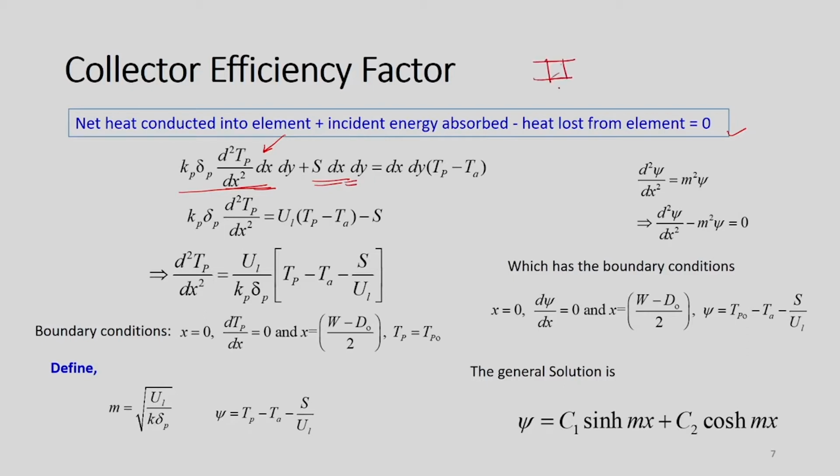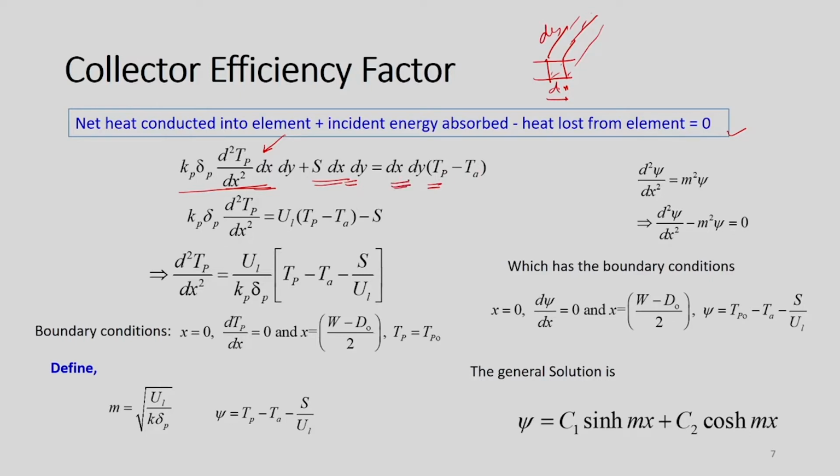Okay. So, this is dx along this and this is dy. Okay. And the loss will be in terms of Tp. So, here we are using Tp instead of Tpm. Okay. It is the plate temperature, we are not using m here.